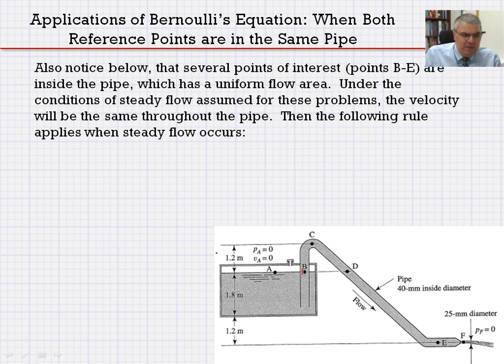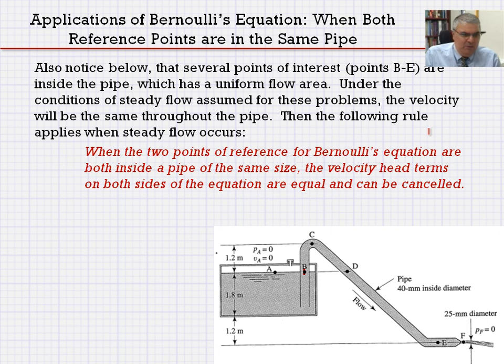From point B to E, from this point, go up to C, C to D, and D to E. This is inside the pipe. It has a uniform flow area. There's no change in the cross-sectional area of the pipe. Under these conditions, the velocity will remain the same. There's no change here in velocity.